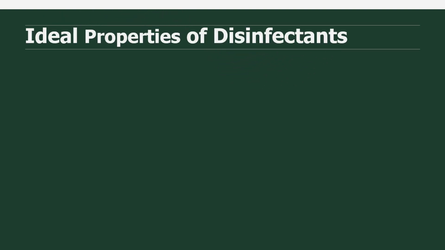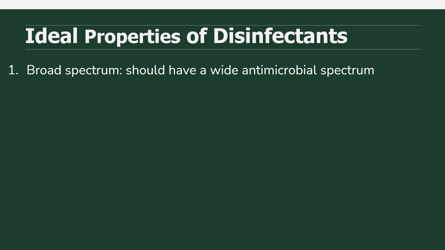What are the ideal properties of disinfectants? Number one, a good disinfectant should have a broad spectrum, whereby it has a wide antimicrobial spectrum. It can destroy a wide range of microorganisms. Number two, it should be fast acting.